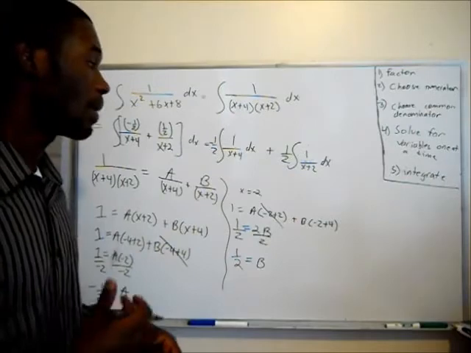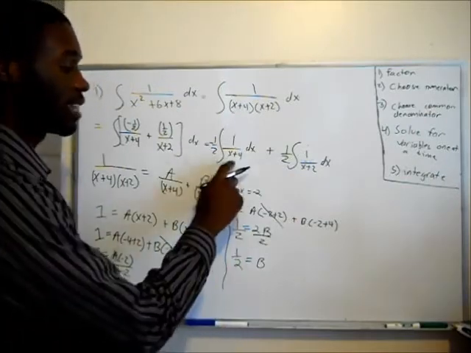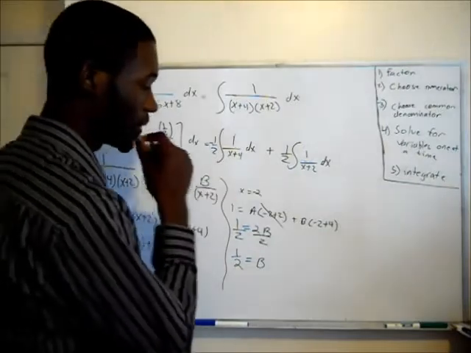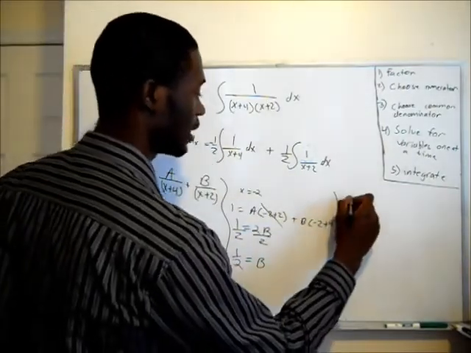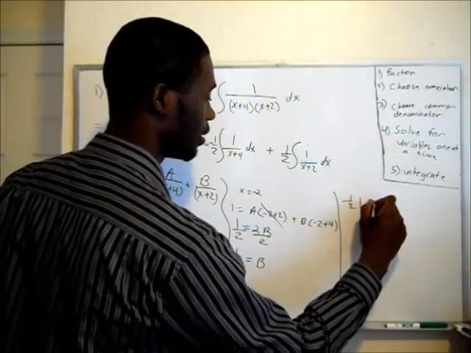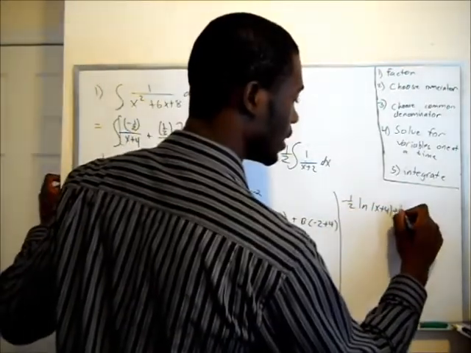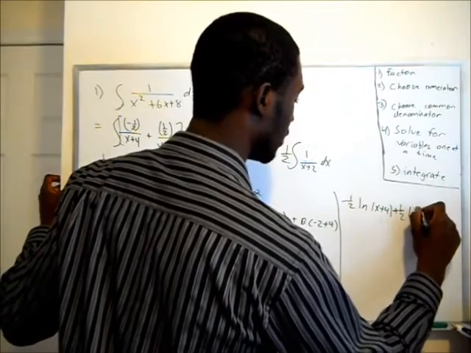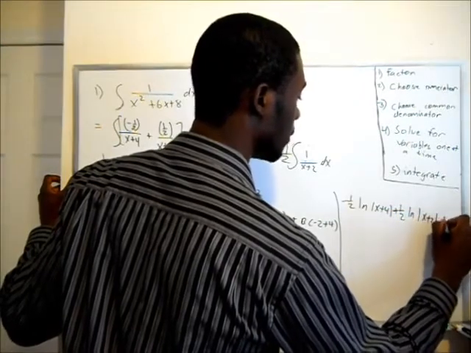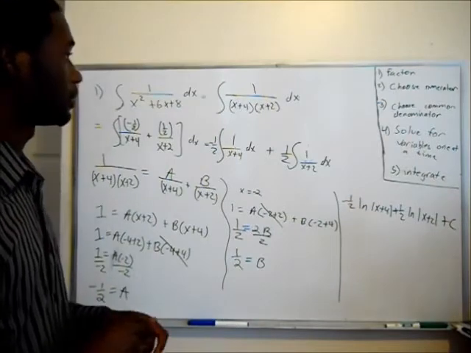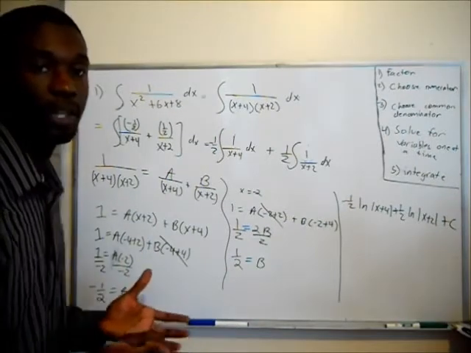And if you want to verify it by going through the whole steps, just set x plus 4 equal to u and do u substitution. So now I'm going to be left with negative 1/2 ln of x plus 4 plus 1/2 ln of x plus 2 plus c. And that's what my answer is.